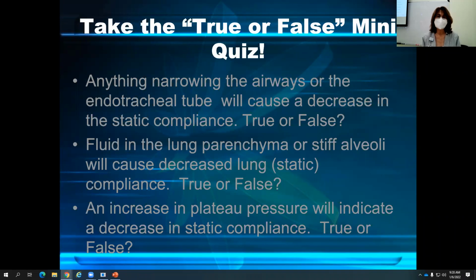We talked about dynamic compliance. We talked about static compliance. And now we're throwing in lung compliance. Lung compliance, static compliance, consider those one and the same.